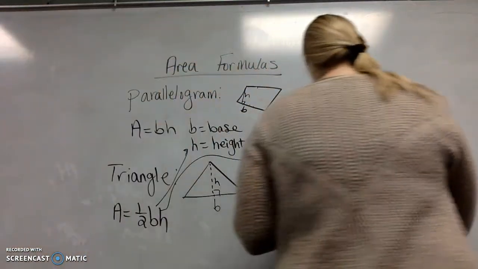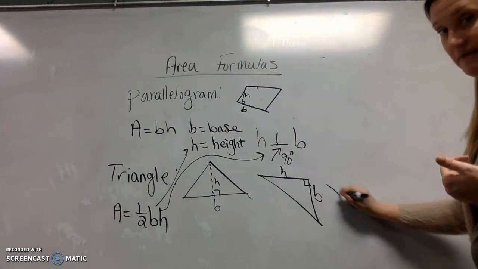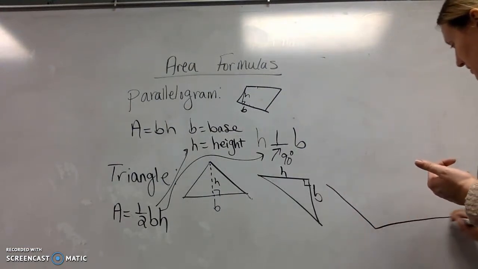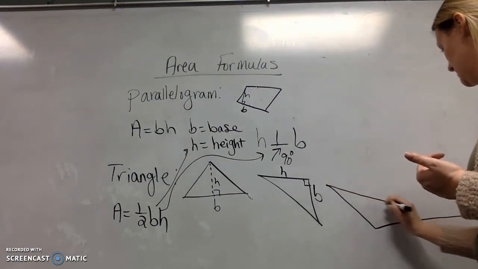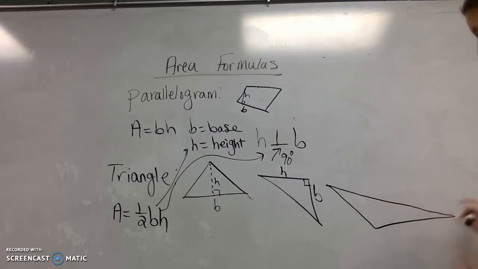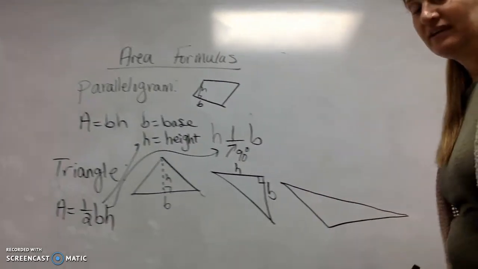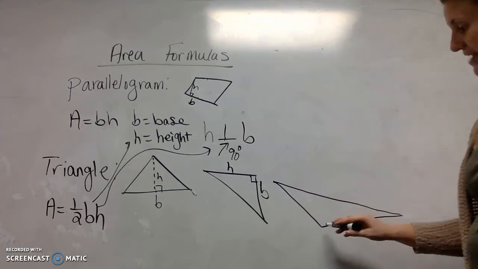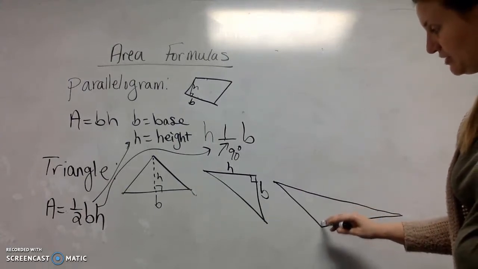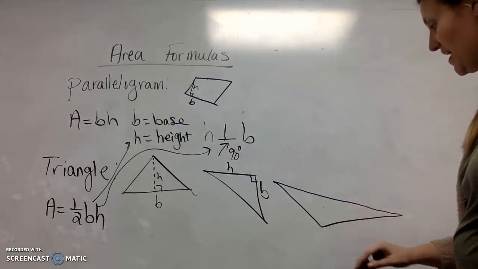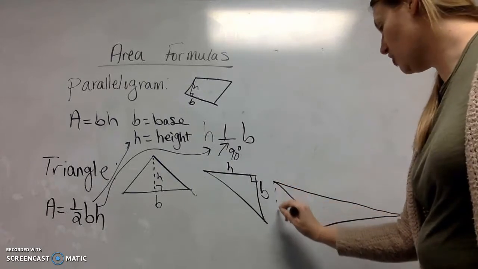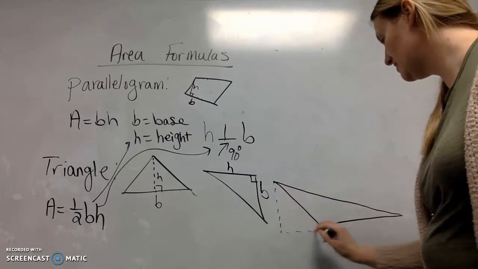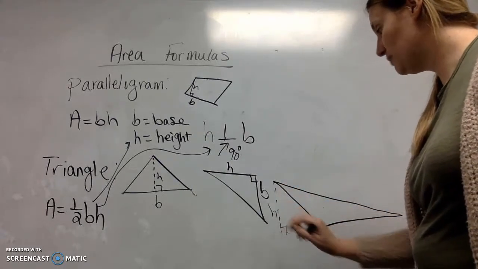Sometimes with parallelograms and triangles, I'm not very good at drawing. You have a triangle like this, and sometimes you will see in books that it's too skinny to try and draw the height here. So what they'll do is go off to the side, and that will be your height.